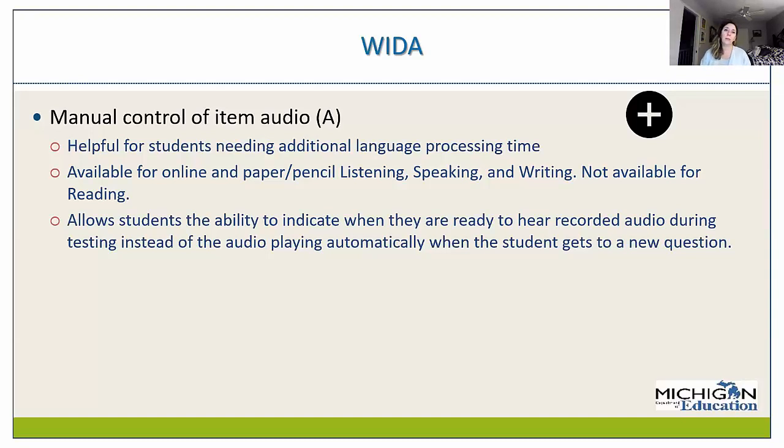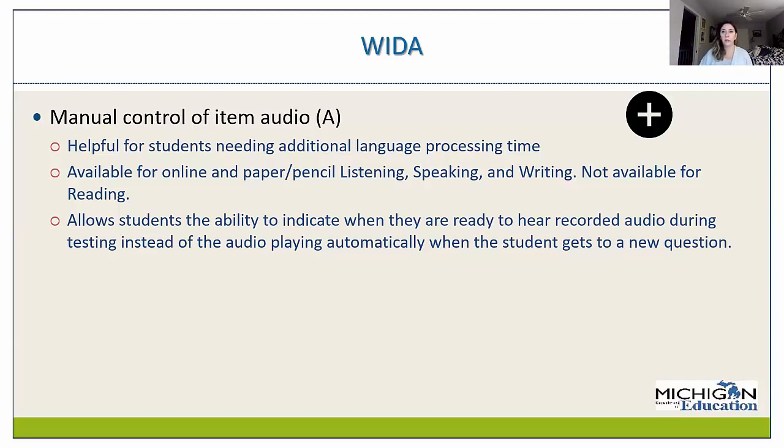Manual control of item audio is another option. This could be helpful for students who need additional language processing time. So there are listening components, surprisingly enough, for listening, speaking, and writing. This allows the students to control when they are ready to hear recorded audio during the test, instead of the audio playing automatically as the student moves through the test itself.